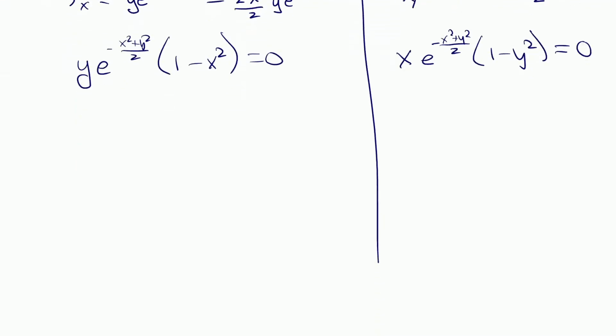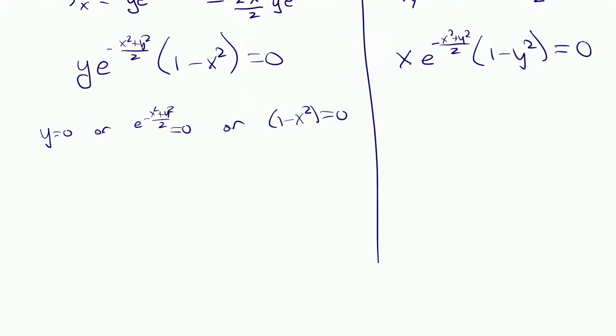So on the left, you have y equals 0, or e to the negative x squared plus y squared over 2 equals 0, or 1 minus x squared equals 0. It's a product. You have three things. One of those has to equal 0. But the middle one can never equal 0, so I don't have to worry about that.